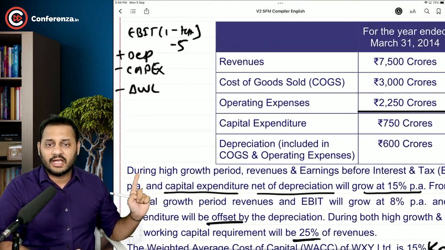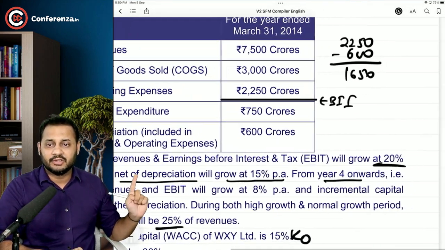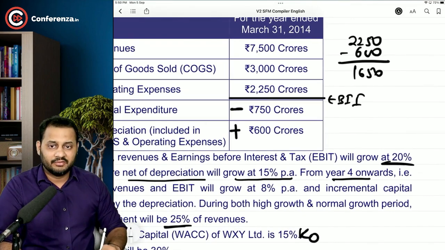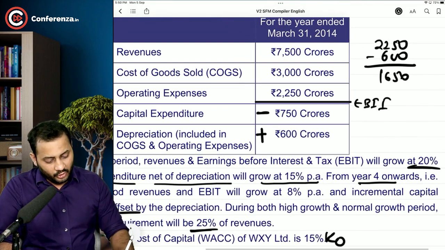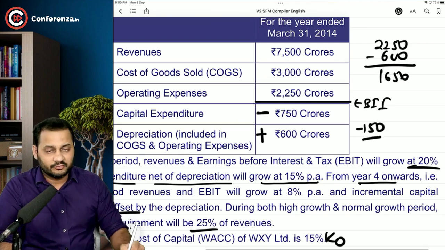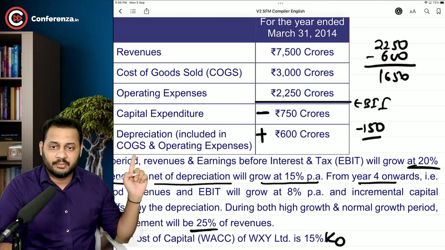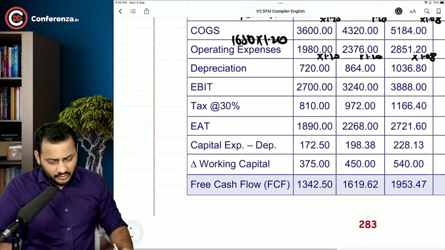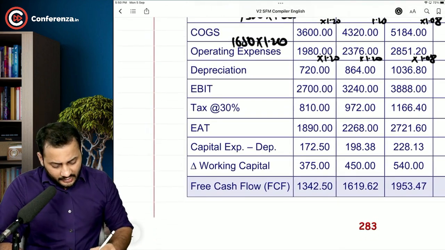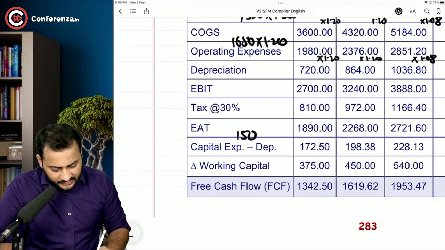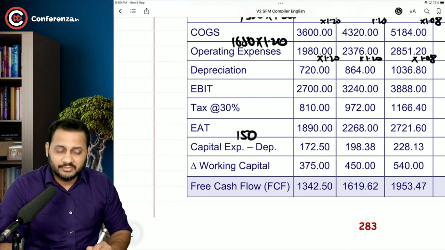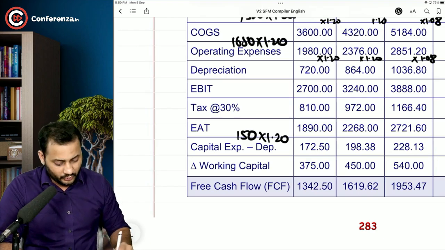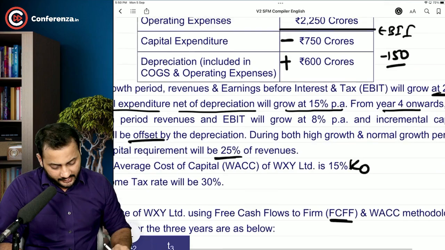So what was the capital expenditure net of depreciation? Can I say adding back 600 and deducting 750 of the capital expenditure, or directly deducting 150, the capital expenditure net of depreciation, is one and the same thing? So what I will do, I will take the capital expenditure net of depreciation, which is 150 at the time 0, and then multiply it with 1.15.